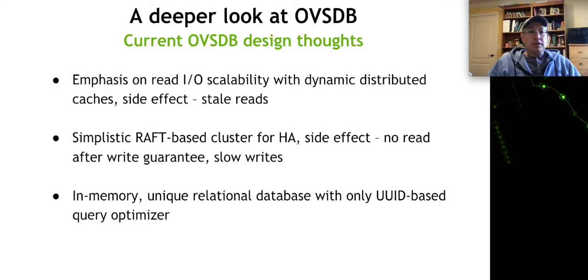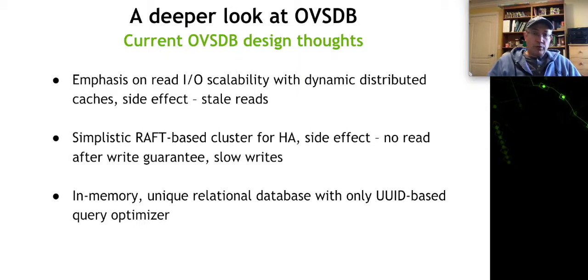The second thing that we added is high availability, with a simplistic RAFT-based cluster functionality built in, which is great. It definitely gave us a more reliable SDN. However, as a result, there is no read-after-write guarantee, and writes become somewhat slow.